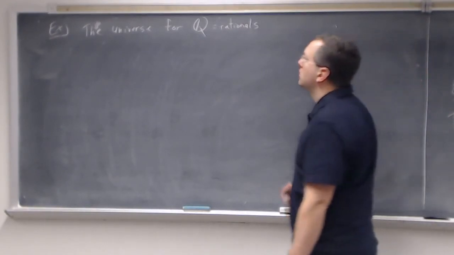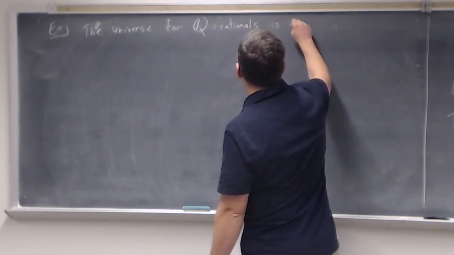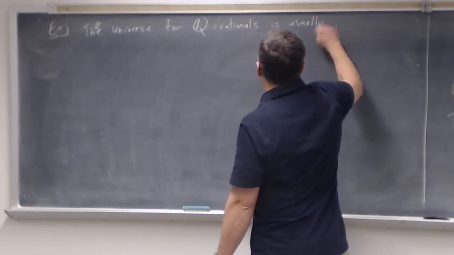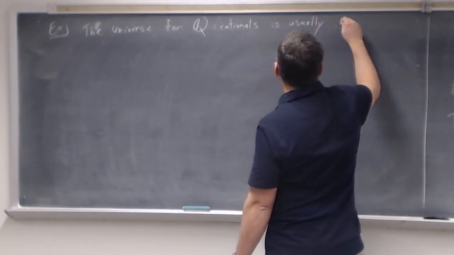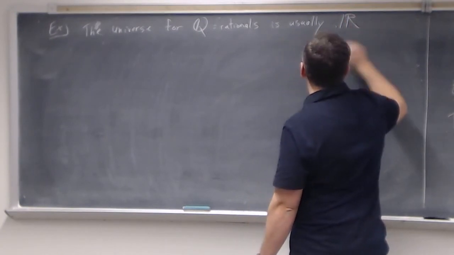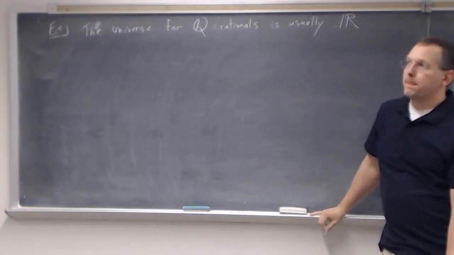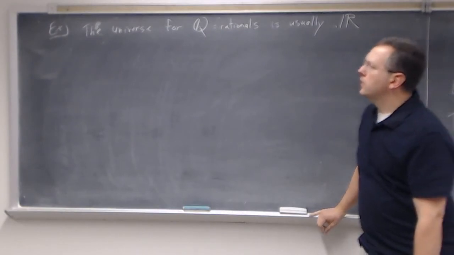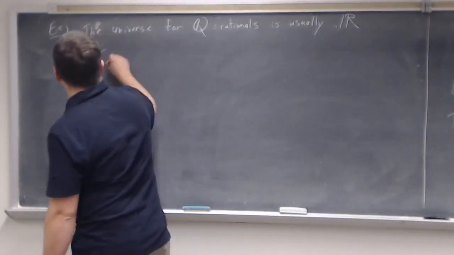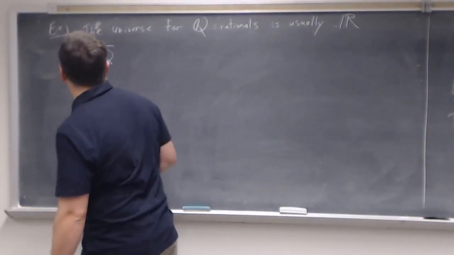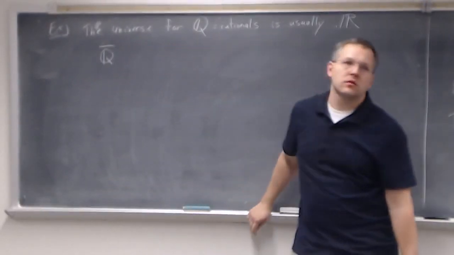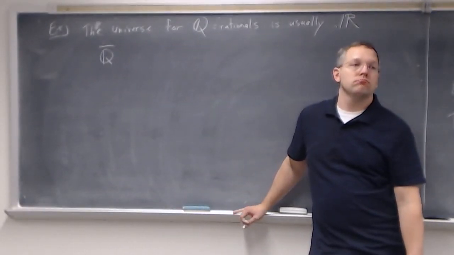Real numbers. The universe for the rationals is usually the real numbers. So what would be the complement of the rational numbers? The irrationals.